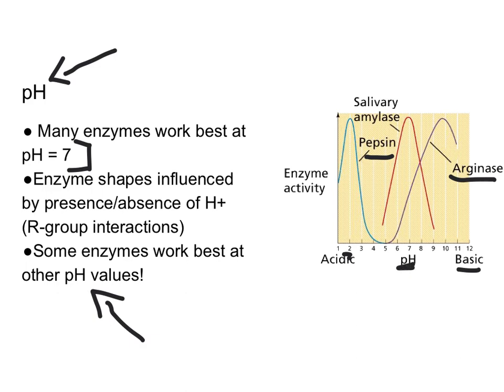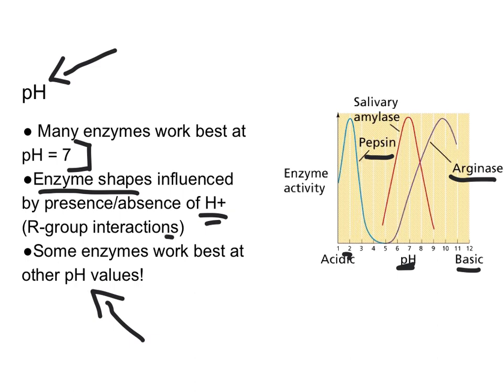So the reason really extreme acidic or really extreme basic environments aren't good for most enzymes is because the enzyme shape is influenced by the presence of H+ or OH-. Remember, H+ is associated with acids, OH- is associated with bases.